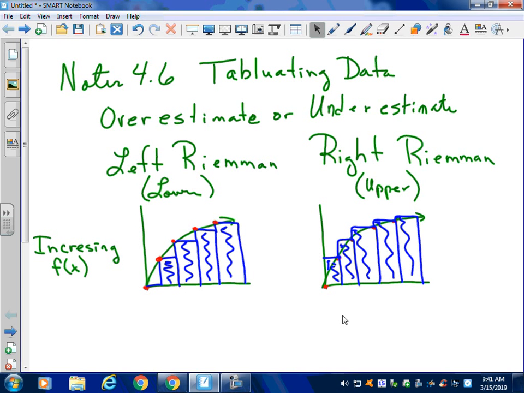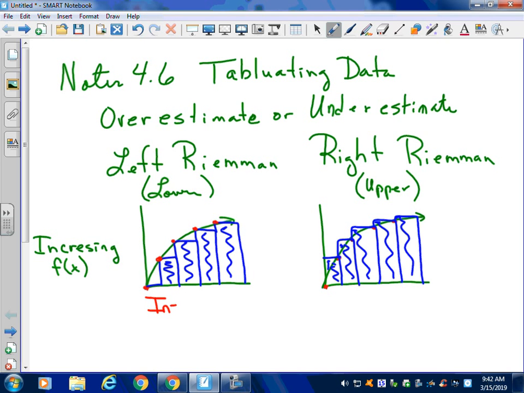Now, let's talk about these rectangles and what it's called when they're all inside or some of it is on the outside. So, this first one, our left Riemann sum, where the left corner of the rectangle is touching the curve, this is called inscribed.